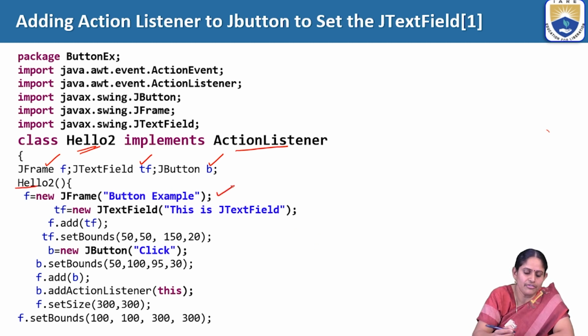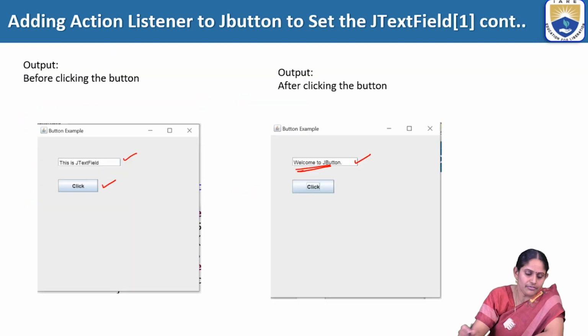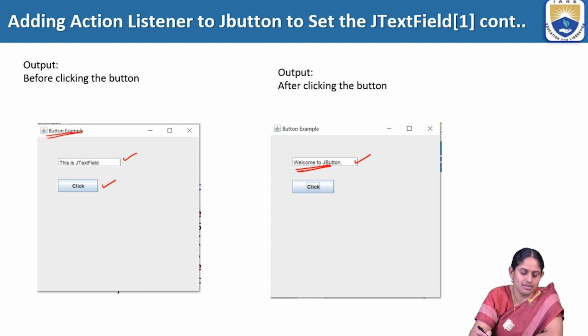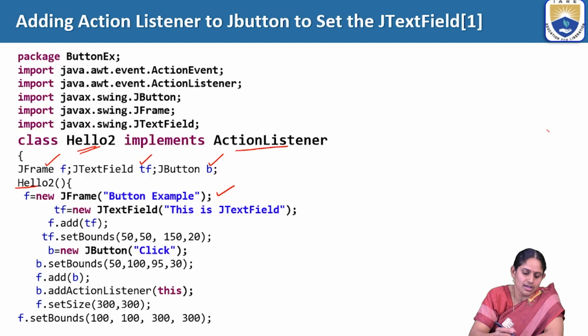We are creating a frame with the name button example. Since we have given one string there, that string will be placed as the title of the frame.